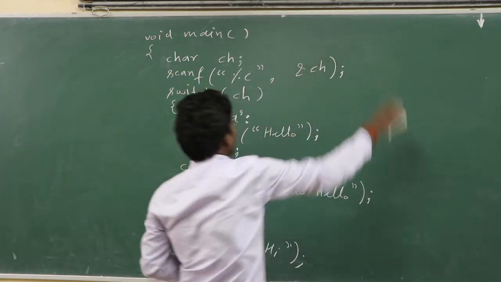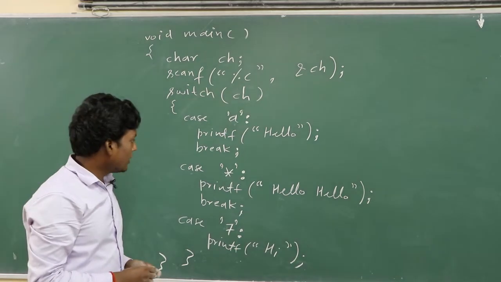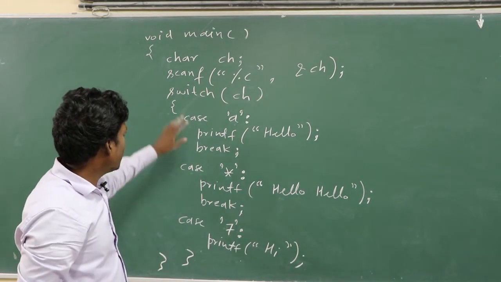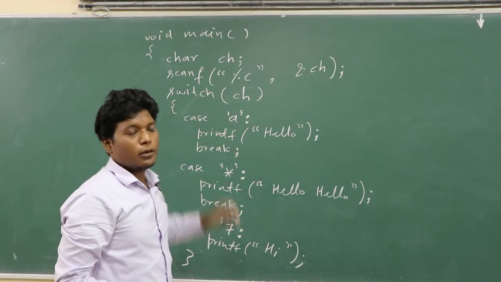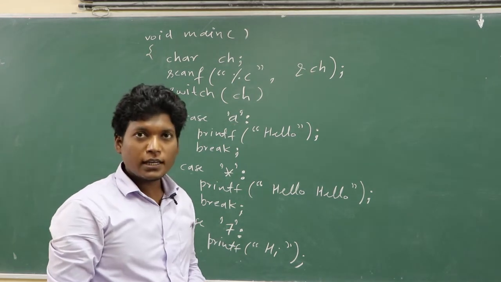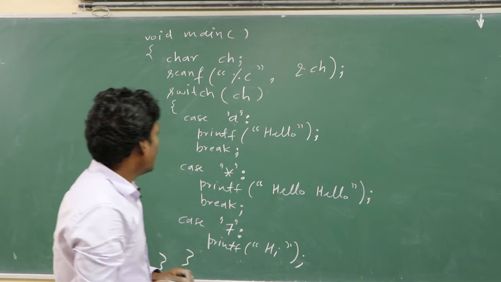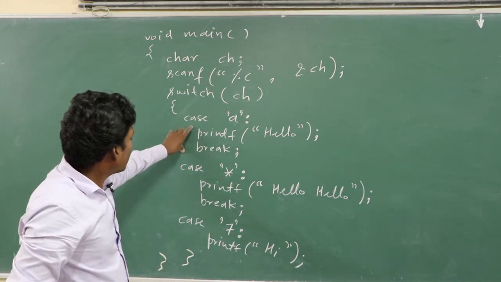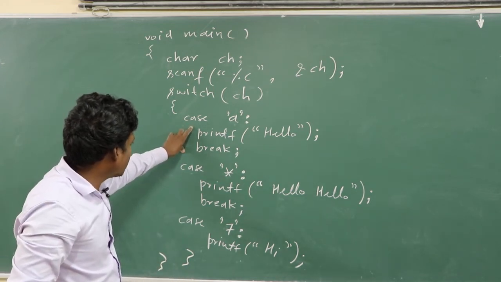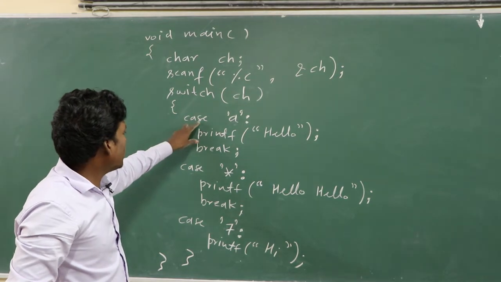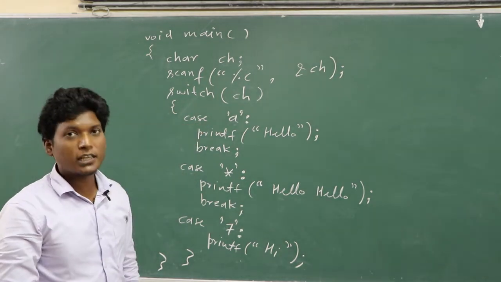Class, from this program we have learned that a case can be an integer constant or a character constant. One thing to notice is that each case may have several statements.